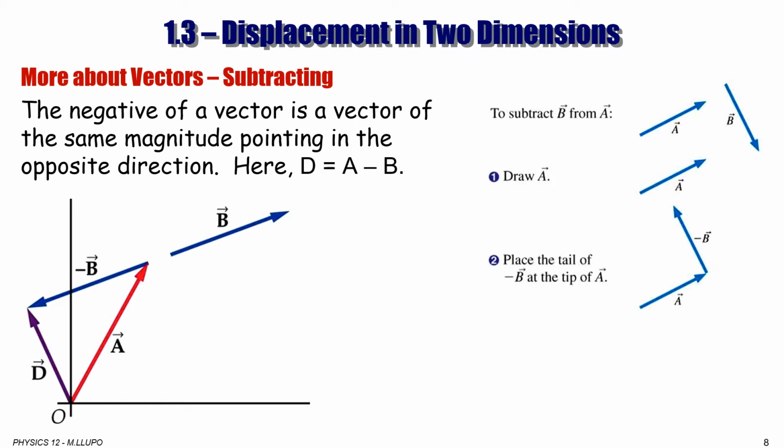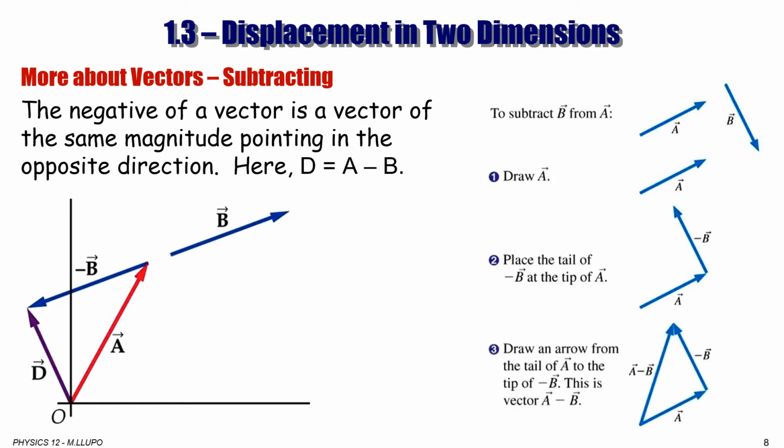So you place vector minus B where the vector A ends, and then draw a resultant vector, which is D, or A minus B, which starts where the vector A starts and ends where the vector minus B ends.